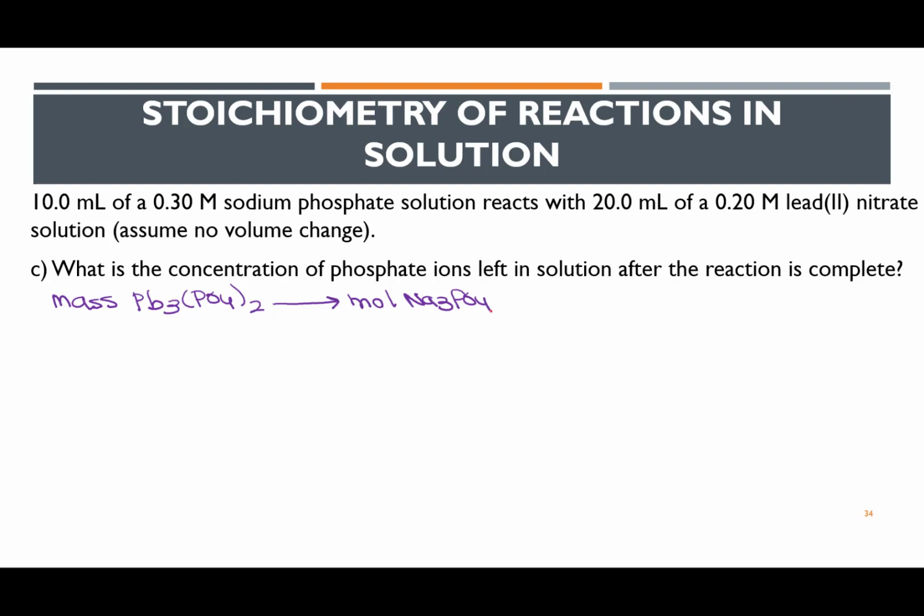Okay, then we calculated in part B that we have 1.1 grams of lead 2 phosphate. Okay. Then we're going to convert the mass of lead 2 phosphate to its mole, using the molecular weight of lead 2 phosphate.